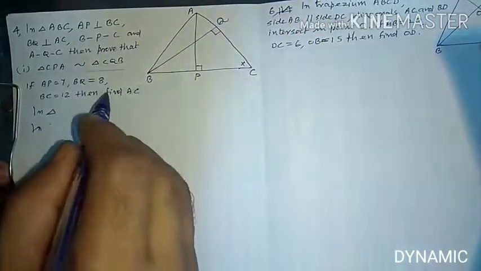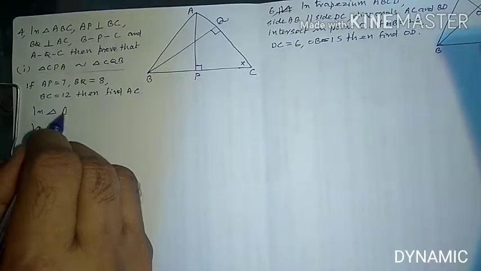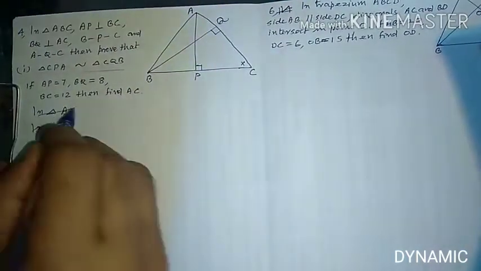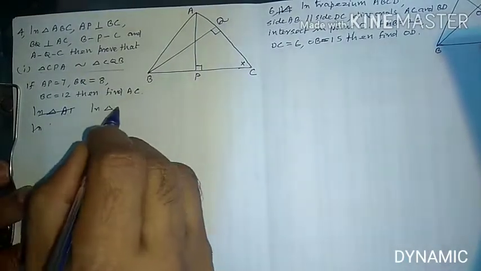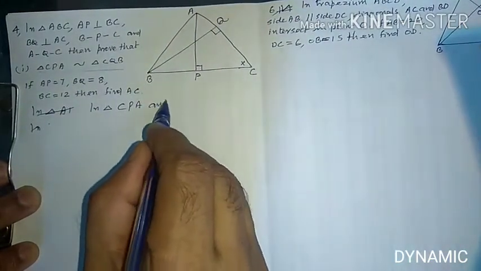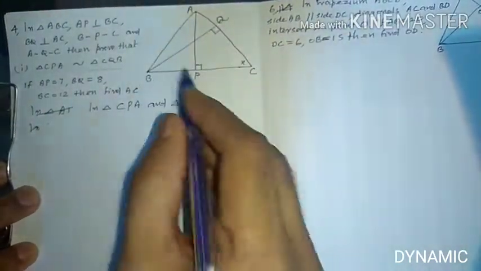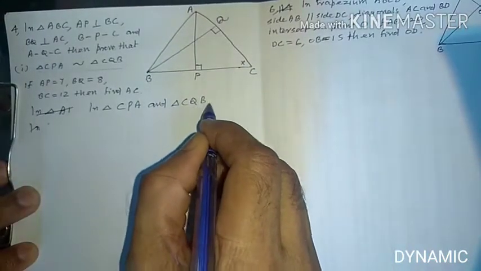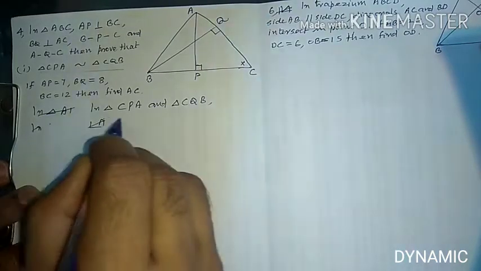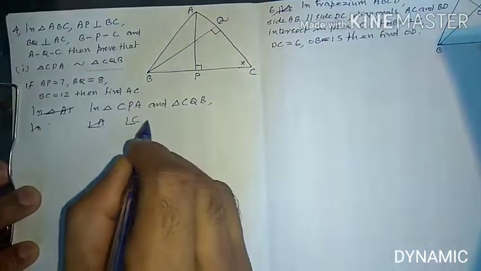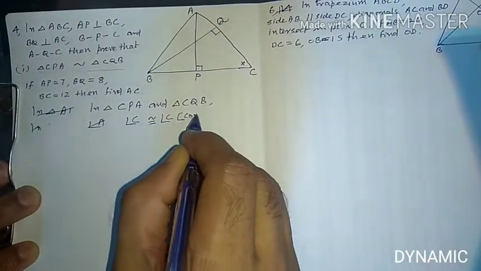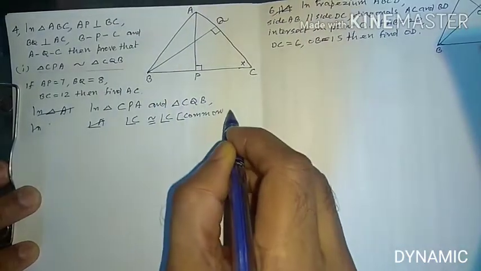In triangle CPA and triangle CQB, angle C is common. Angle C is congruent to angle C. Reason is what? It is common angle.